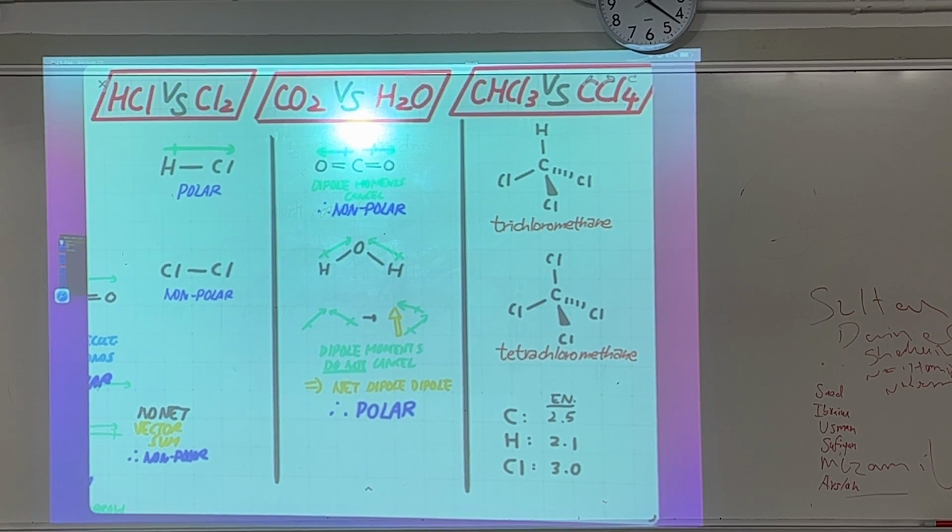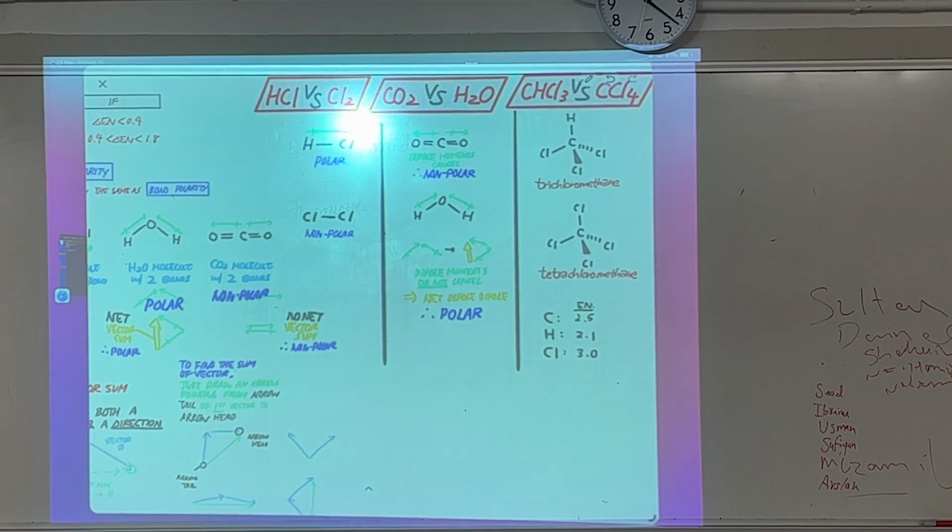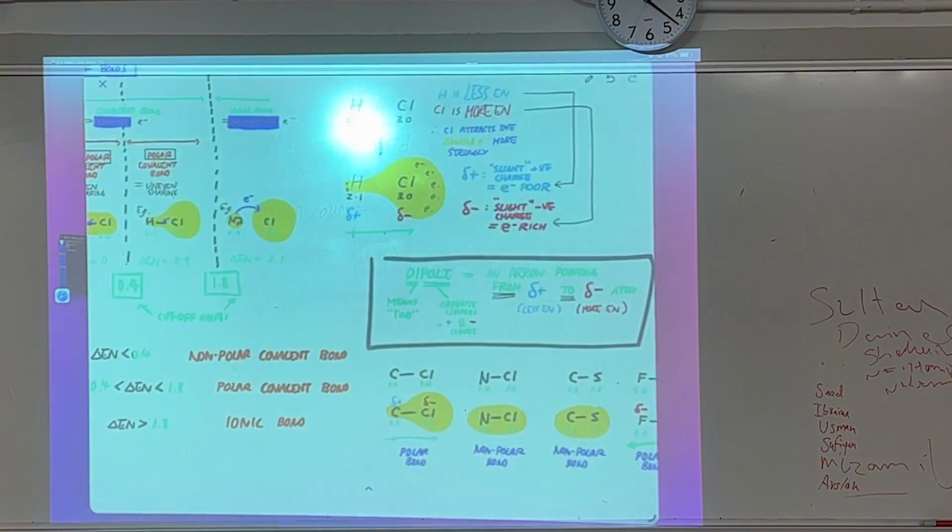Okay, so let's check the answer. Where should the dipole moment point for the CCl4? If these are the electronegative values, should it be pointing from C to Cl or Cl to C? C to Cl. Always point from the less electronegative to the more electronegative atom, right?